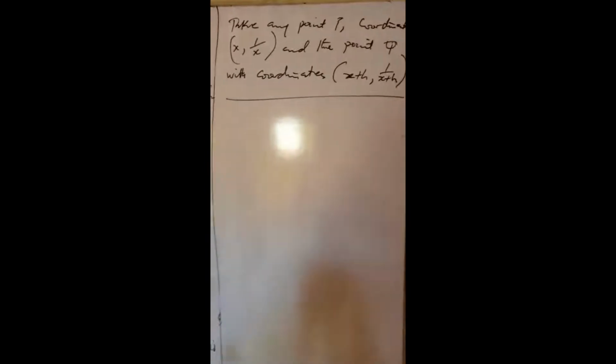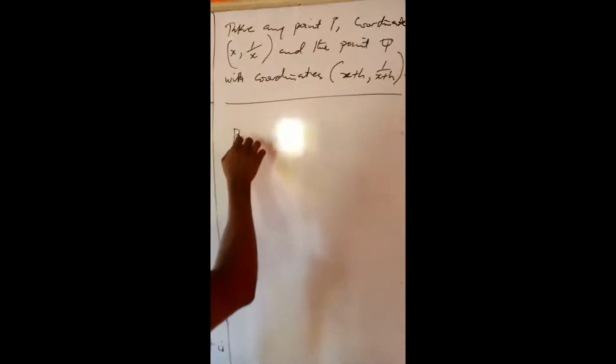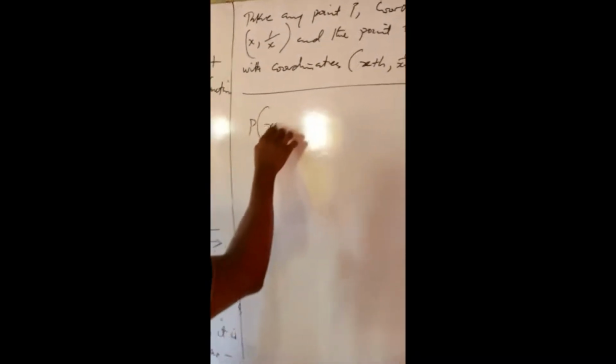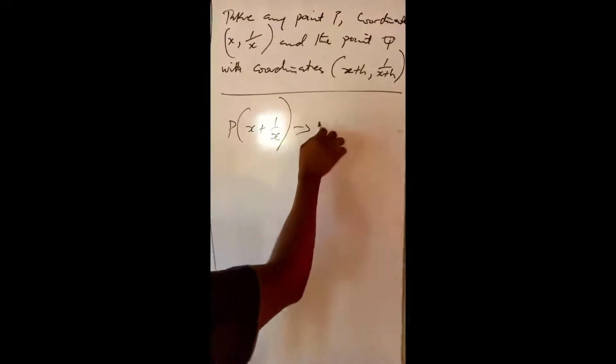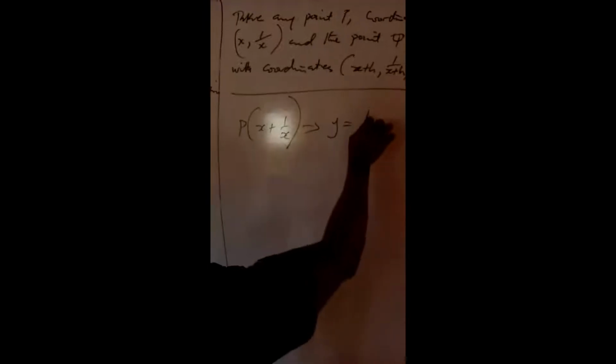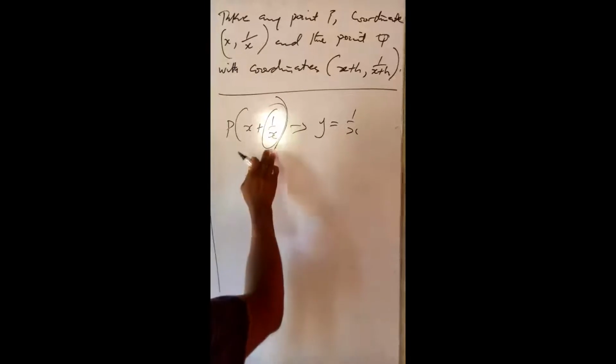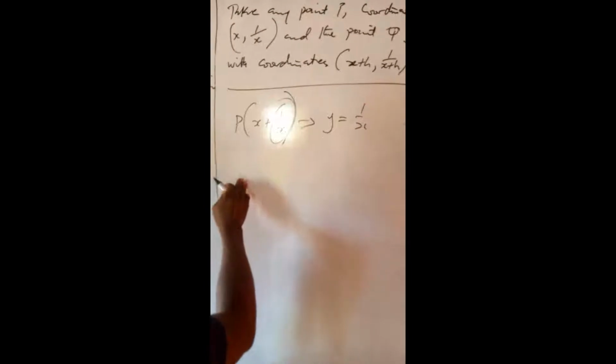Another way for you to get familiar with these coordinates: once you can get the coordinates of P, you can get the coordinates of Q. You have already been told that the coordinate of P is x, 1 over x. And of course, it was from here that y is equal to 1 over x, which means this is the y coordinate, while this one is the x coordinate.